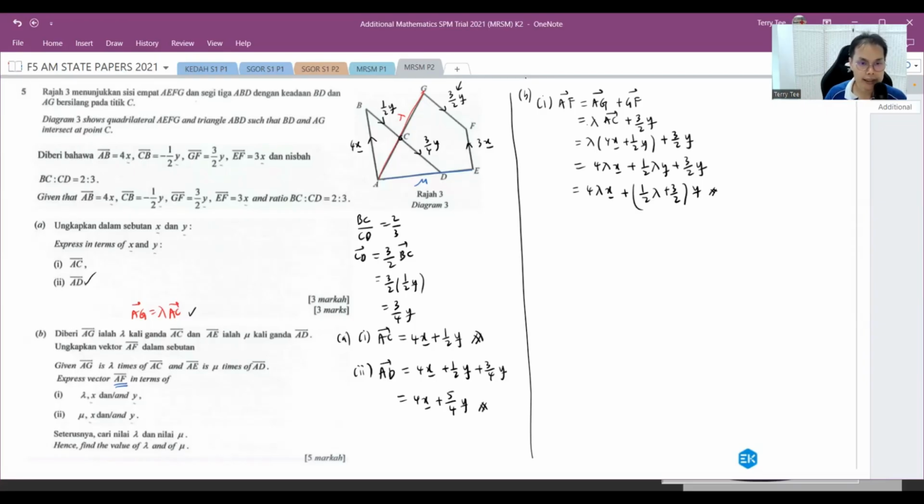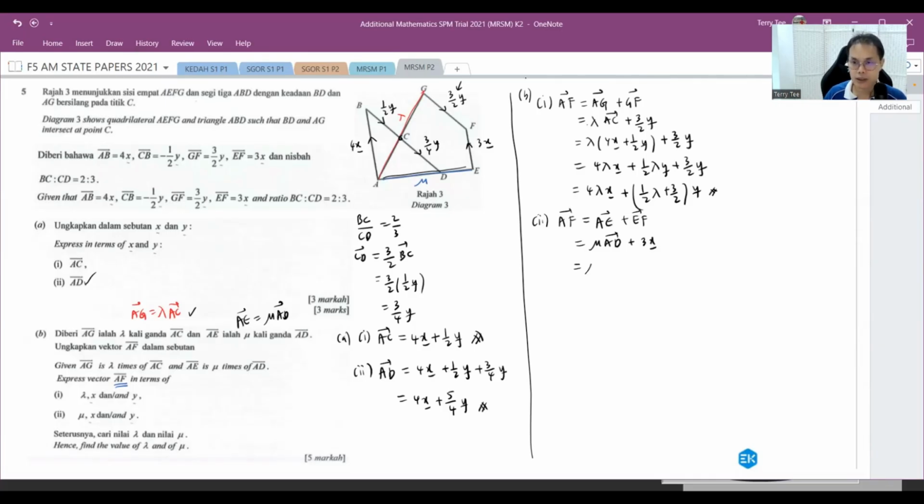Okay, for the second AF, I must use AE is now mu AD. So that means I'm going to go from A to F using AE. So I go A to E, E to F. A to E is mu AD, whereas E to F is 3x.